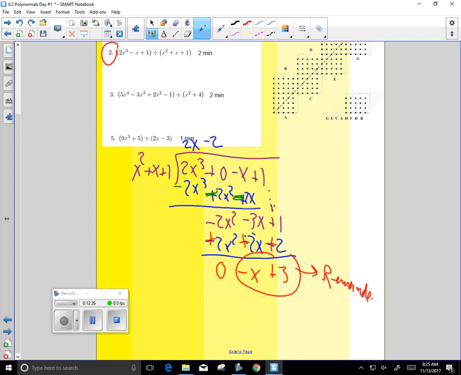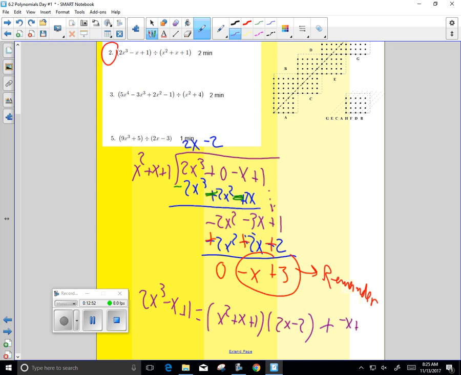So here's what we're going to do. We're going to write this out. 2x cubed minus x plus 1 is going to be equal to x squared plus x plus 1 times 2x minus 2, and then plus, what's the remainder?